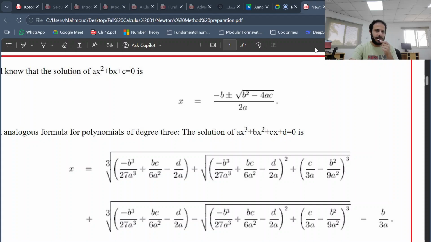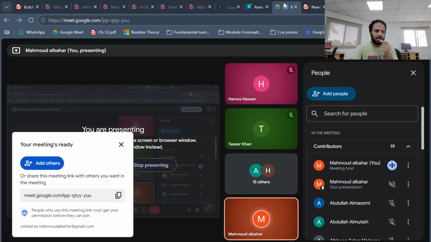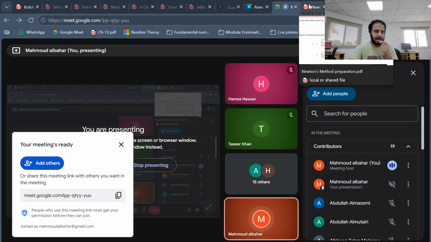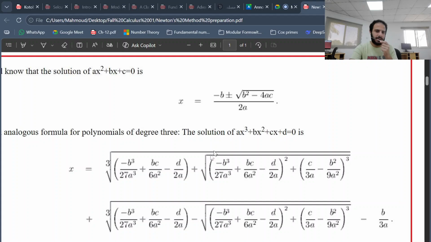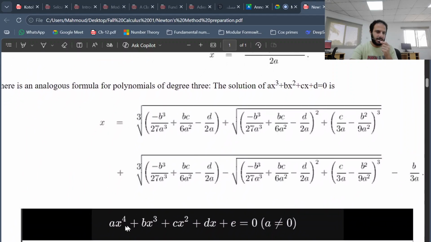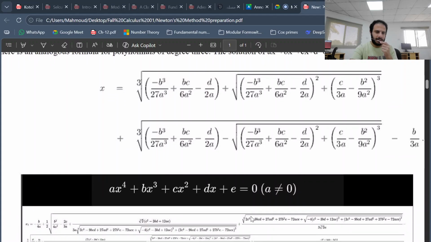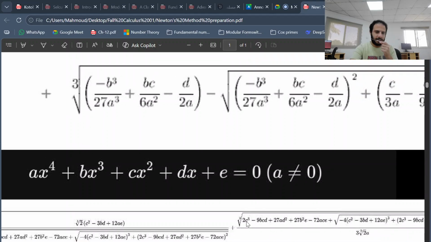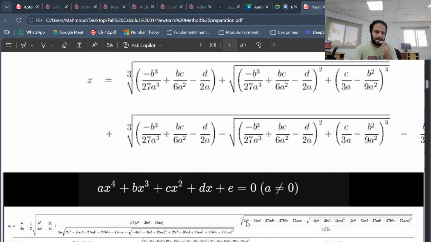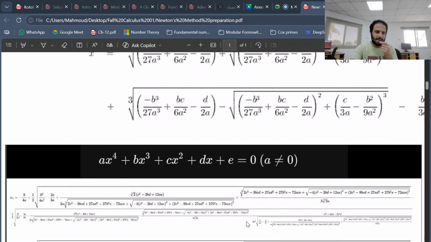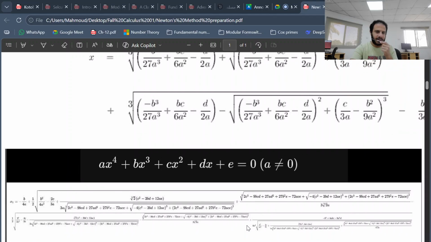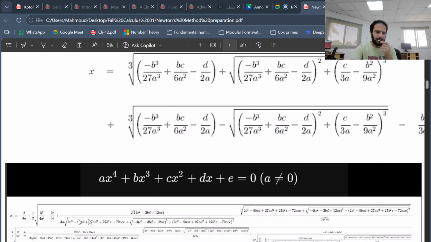Do you think there is a formula for degree 4? Yes, there is a formula for degree 4. See here. This is a polynomial of degree 4. Here is the formula. So the first solution is this one. Okay? See?